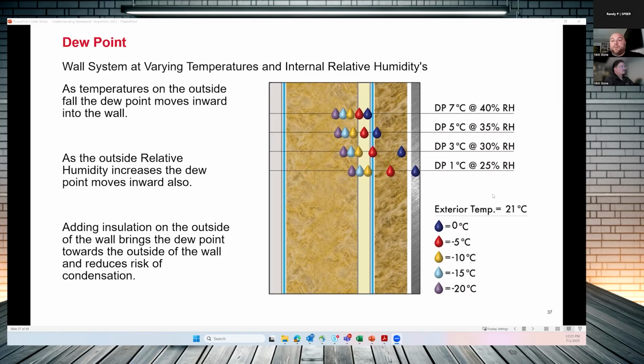Yeah, I said that right. But it makes a lot of sense to do it that way. But we still have REScheck and Ecotope and REM/Rate that can still build us a wall that's R13 with no continuous insulation, even up to climate zone 4. And that's getting harder and harder to do with the new code cycles that are coming out in the future.